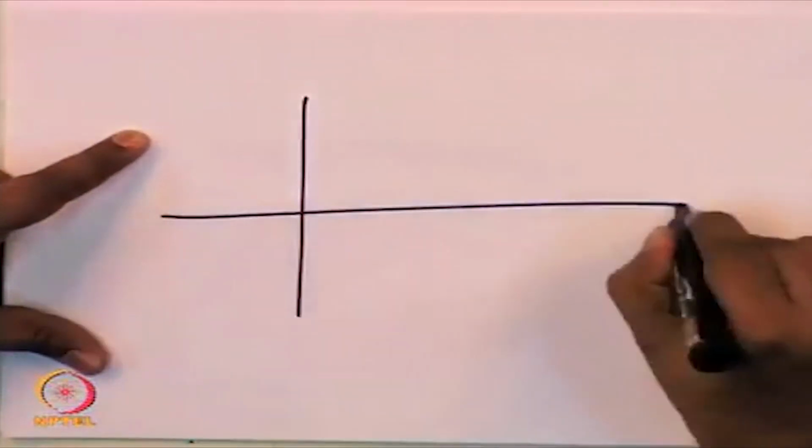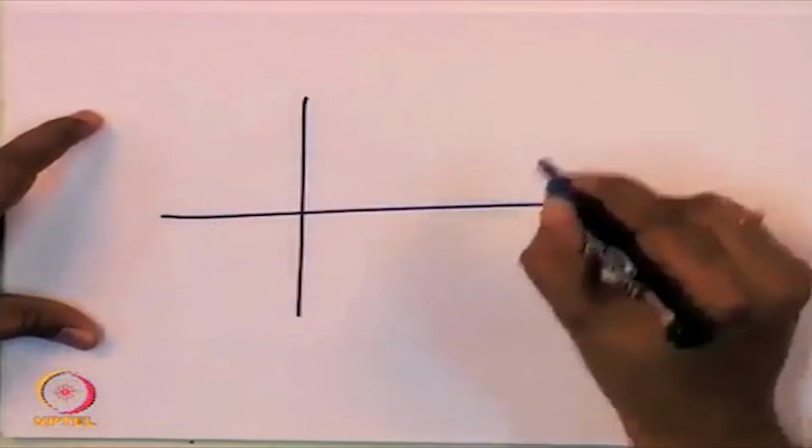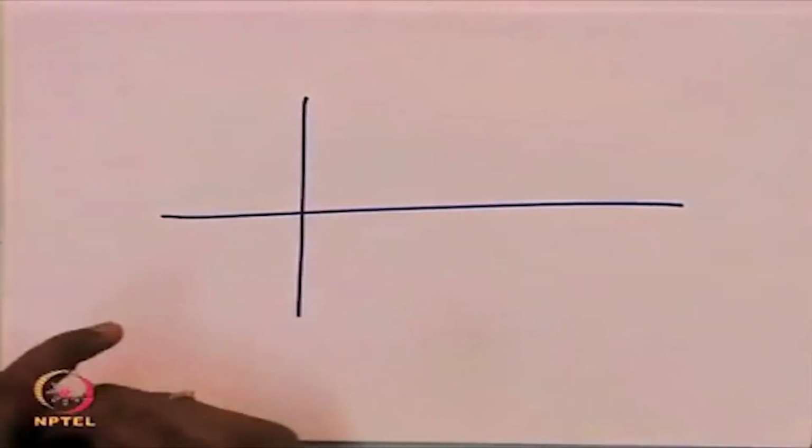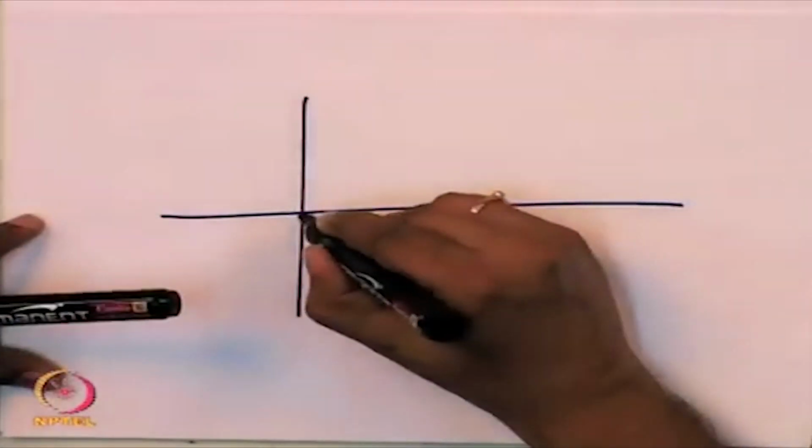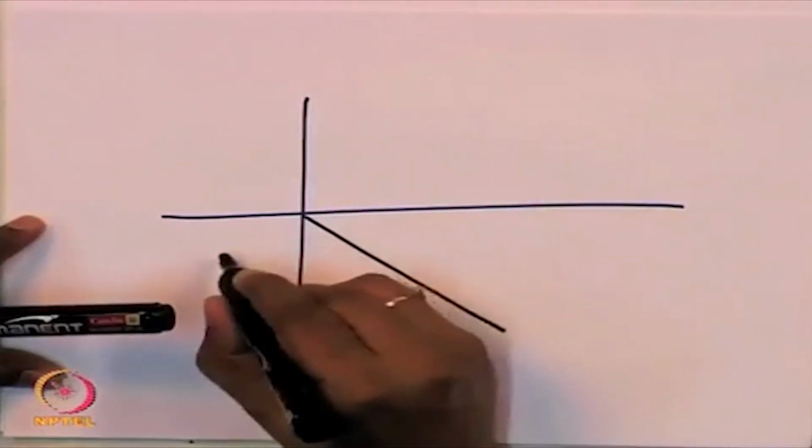Now, let us take some particular function for concentration, just for fun. Let us take a simple example for C. Let us imagine that C decreases in a linear manner.